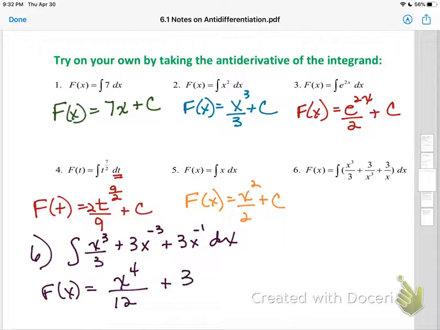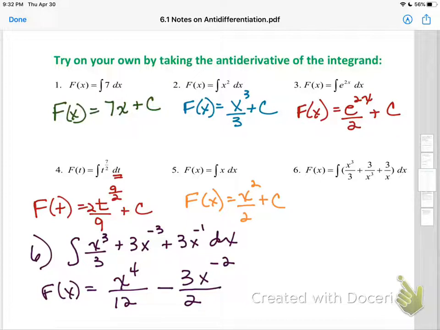Okay, next one. The constant comes along for the ride. Write down your x. Add 1 to that exponent. That's going to make it -3 plus 1 is -2. And divide by -2. That means that this sign will be a subtraction.